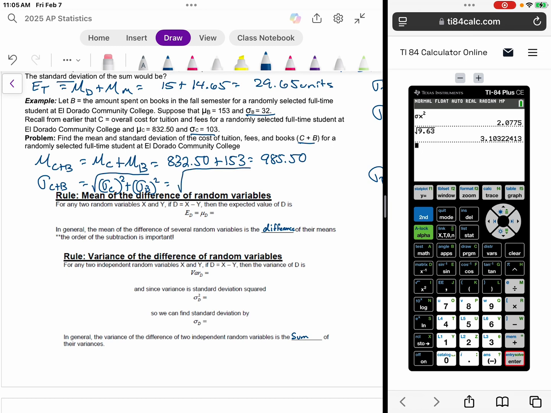So I need the square root of 32 squared plus 103 squared. Second x squared, then 32 squared on the inside plus 103 squared on the inside, and hit enter. It tells me the standard deviation is 107.8564, so about 107.86.